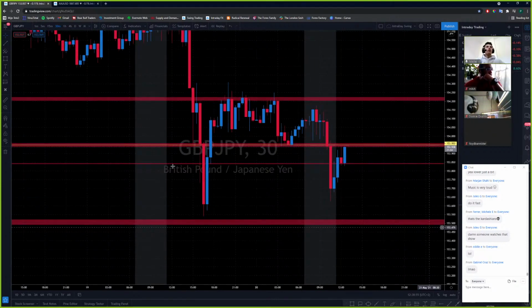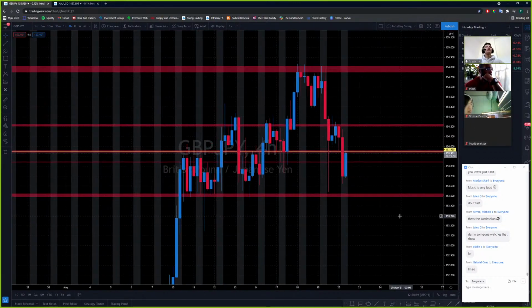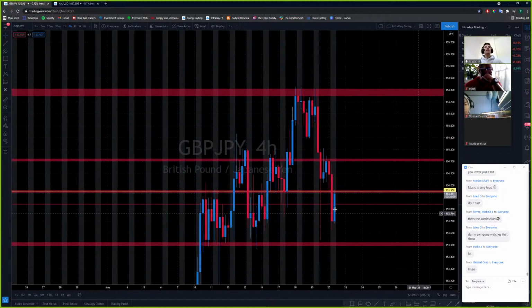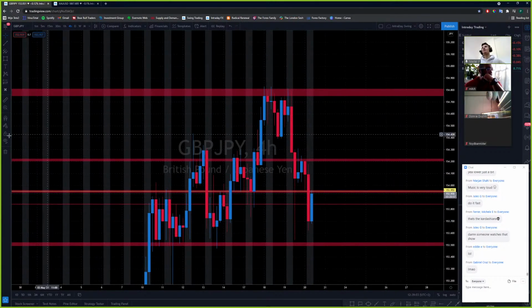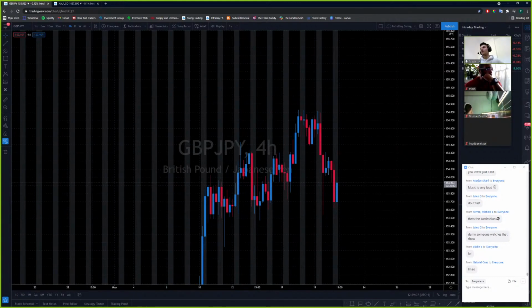Yeah, look at the 4-hour on GJ, touched support and is going up. Yes, absolutely. It's not a pretty picture, but essentially if we take a look at how GJ has been behaving, it's putting itself in a real predicament. We started with this range over here, we broke out of the range and created a new range.